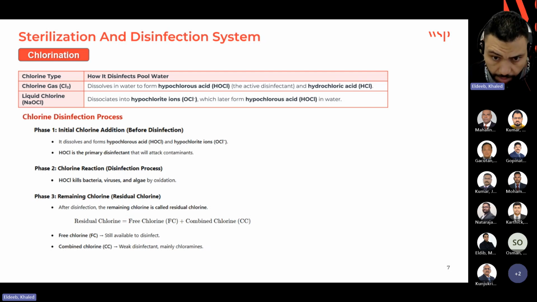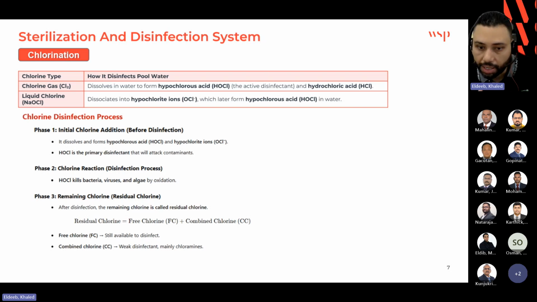Then we have the combined chlorine, the chlorine that has already reacted with organic matter like sweat, urine, and other contaminants, but is still present in the water. It remains in the water and still keeps disinfecting, but it is very weak, not like free chlorine.